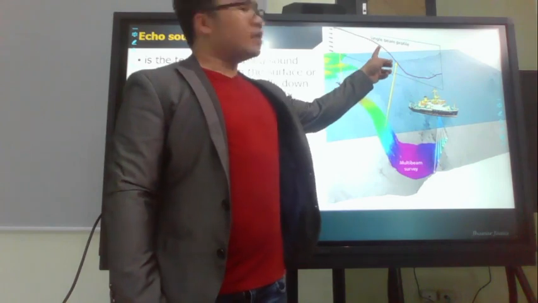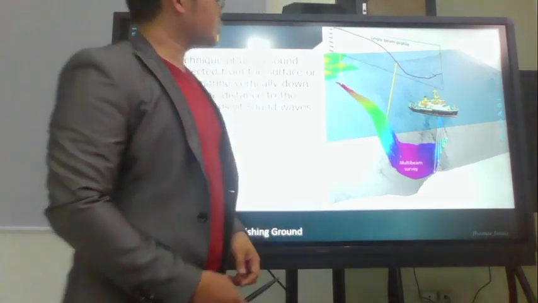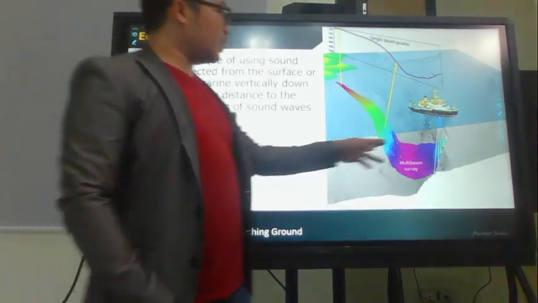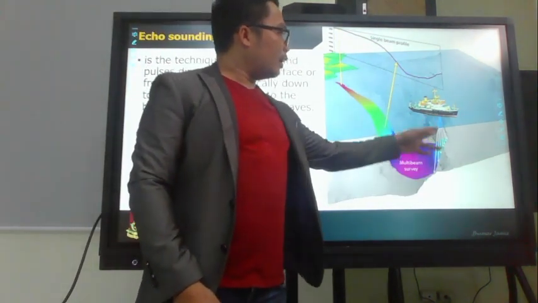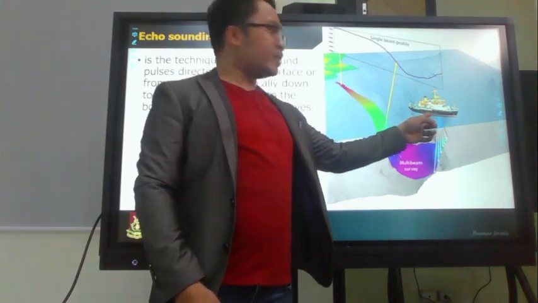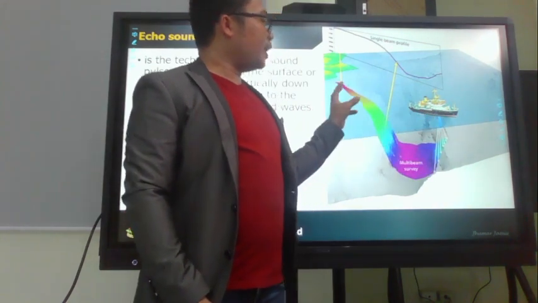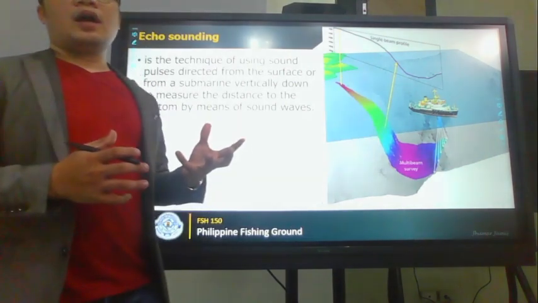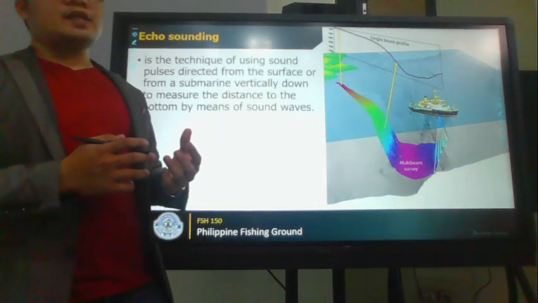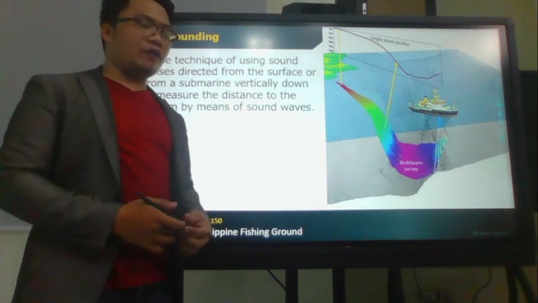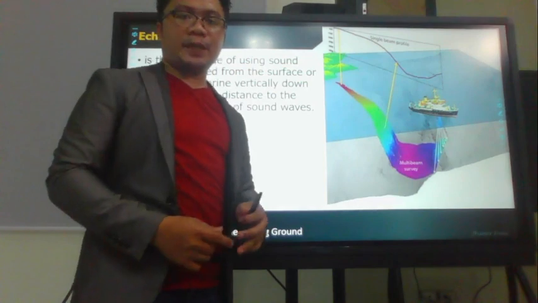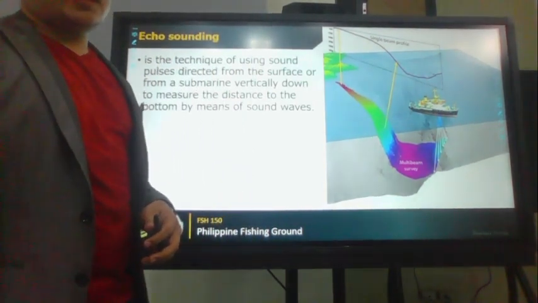Okay? So as you could see here in this beam profile, itong mga beams na to, ito yung mga nire-release ng echo sounding device, and then reflected back and basically converted into a color matrix or color profile that signifies the depth of a certain area. Okay? So this is basically the principle of echo sounding.